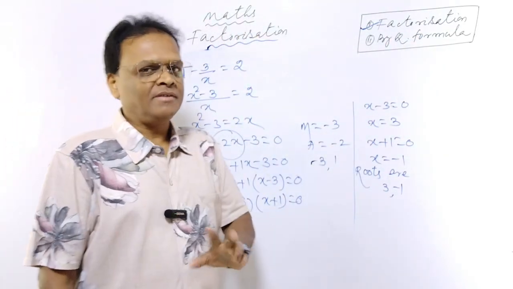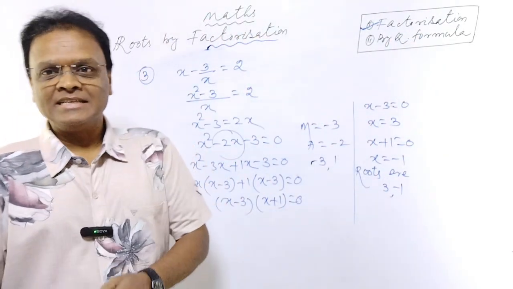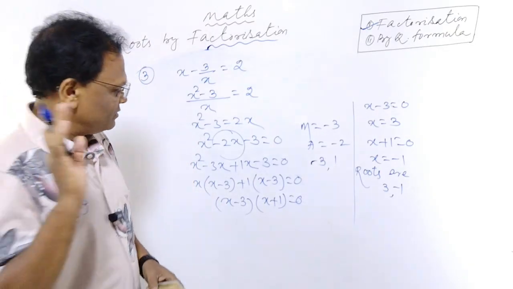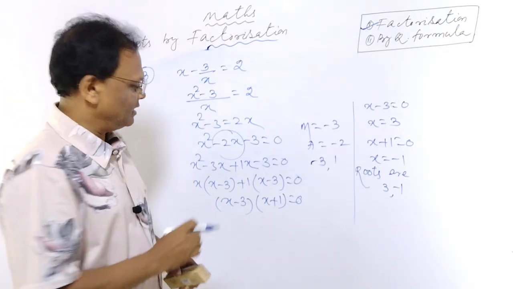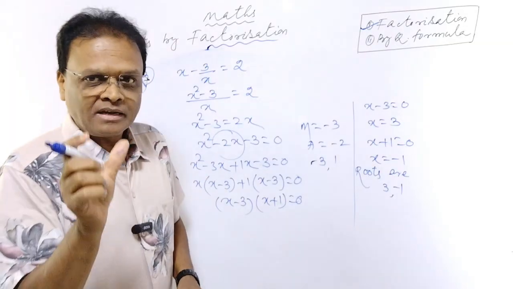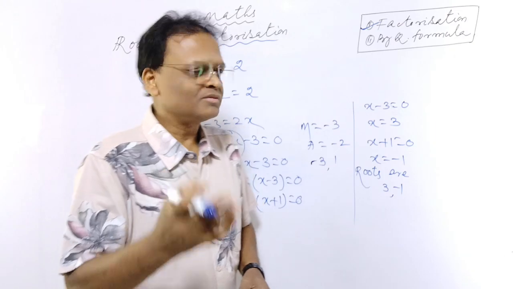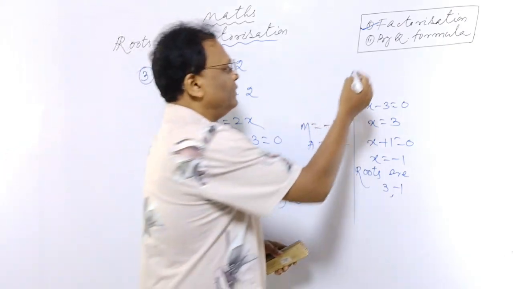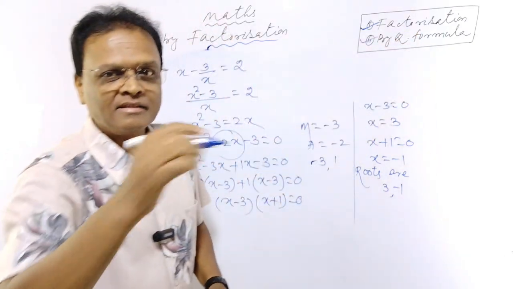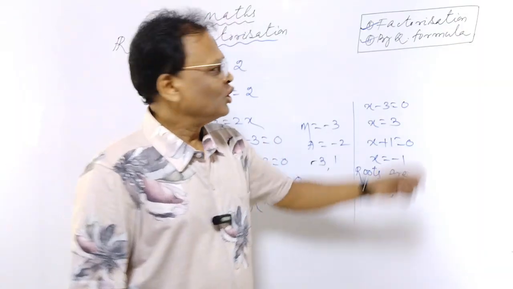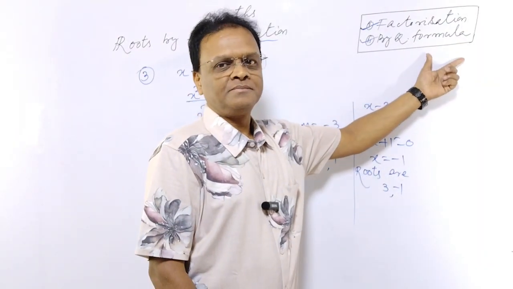How to find the roots? By factorization method, over. Now the second is, if it becomes difficult to split the middle term, then how to find the roots? For that case, we are to use another method, means another formula. The name of the formula is quadratic formula.